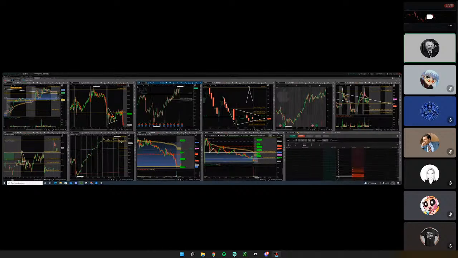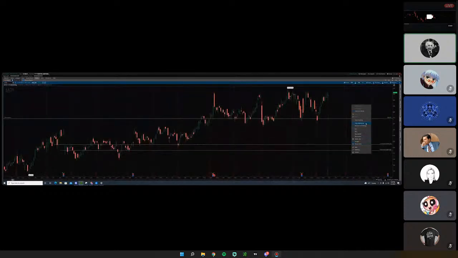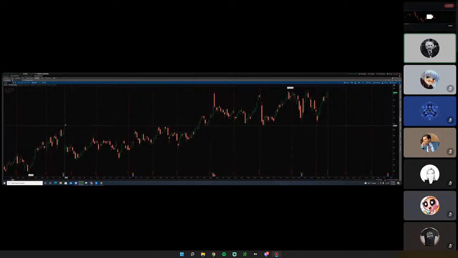I did see OLTUB. I used to trade OLTUB religiously actually before. Let me just remove these levels. So you can tell here there was the breakout level in OLTUB before. So this is where it broke right here. It tried to come back to it, and it did in a weird way.